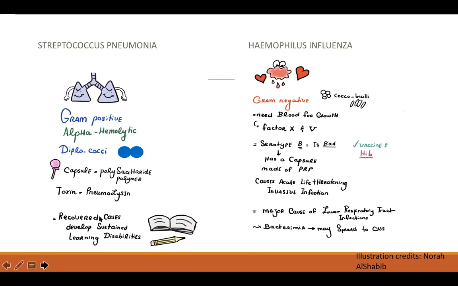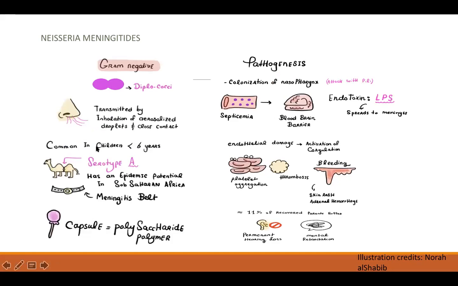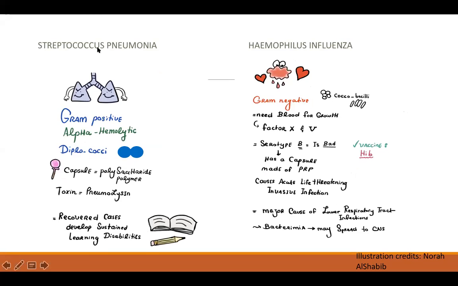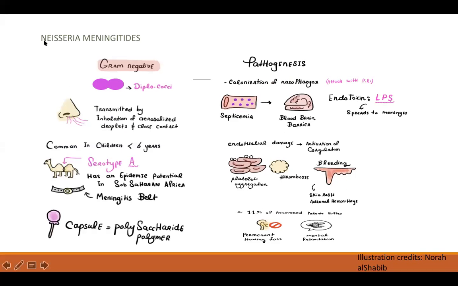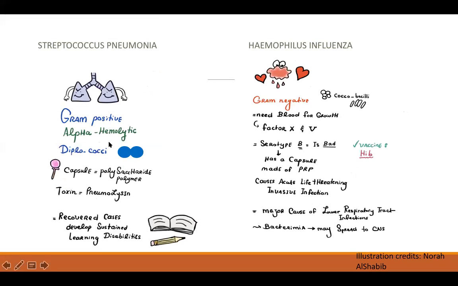طيب نجي للسكند organism اللي هو Streptococcus pneumoniae اللي قلنا نفس الشيء, doesn't affect neonates, mainly adolescents and adults. Again, it's a gram-positive diplococci. Neisseria was gram-negative diplococci. So here N for negative and here P for positive.